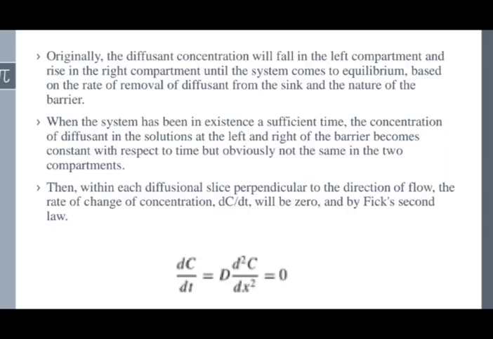Originally, the diffusant concentration will fall in the left compartment and rise in the right compartment until the system comes to equilibrium, based on the rate of removal of diffusant from the sink and the nature of the barrier. When the system has existed for a sufficient time, the concentration of diffusant in the solution at the left and right of the barrier becomes constant with respect to time, but obviously not the same in the two compartments.